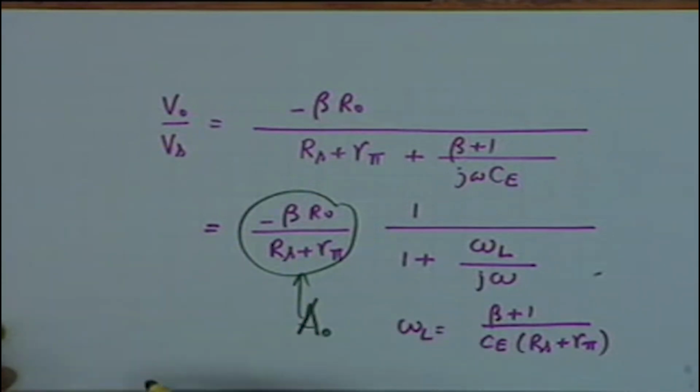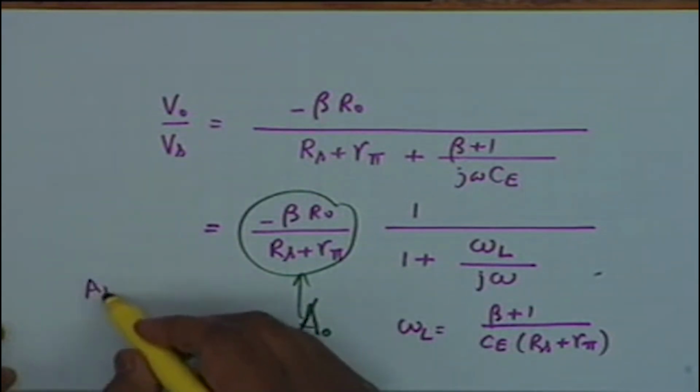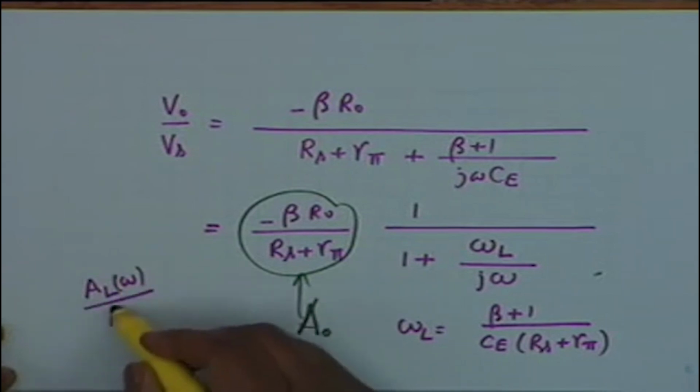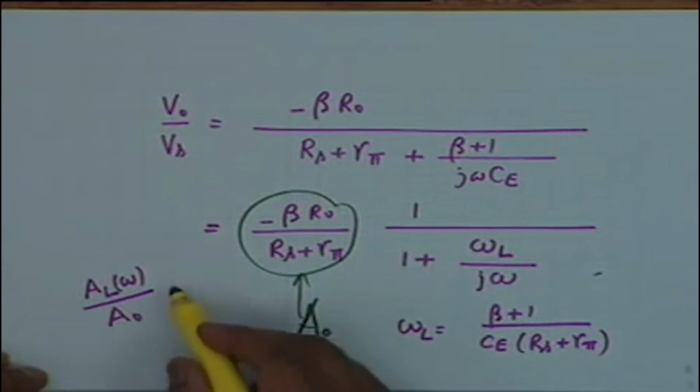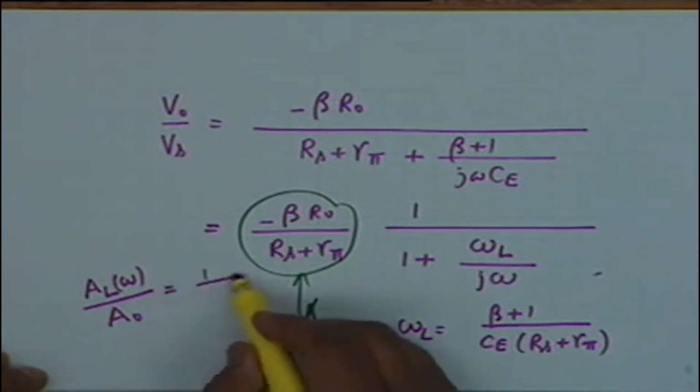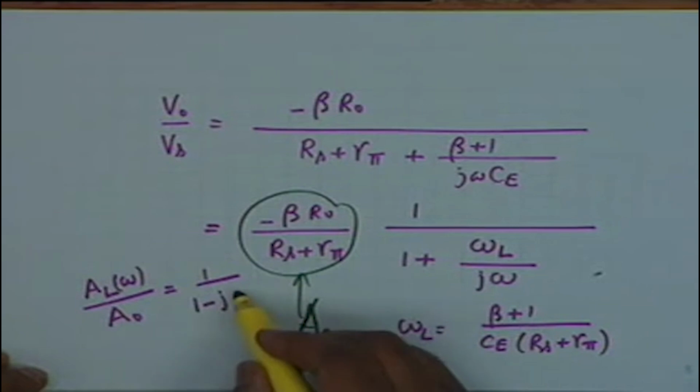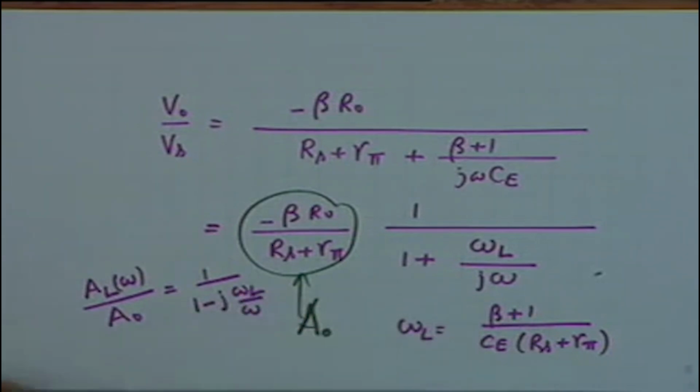And this is A0, and therefore the low frequency gain now, A l omega divided by A0, alright, the normalized gain is simply equal to 1 divided by 1 minus j omega L divided by omega.